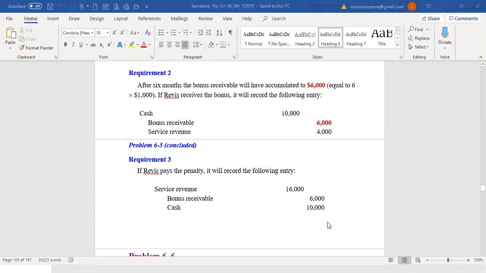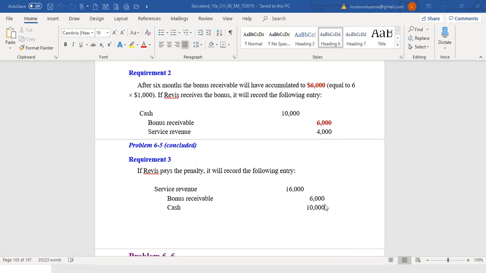What if instead the cost savings fall short of target and Revis actually has to pay the $10,000? They'll credit bonus receivable, credit cash because they have to pay $10,000, and debit service revenue for the total. The $6,000 in revenue they showed as if they were going to receive that back, it's not happening that way.